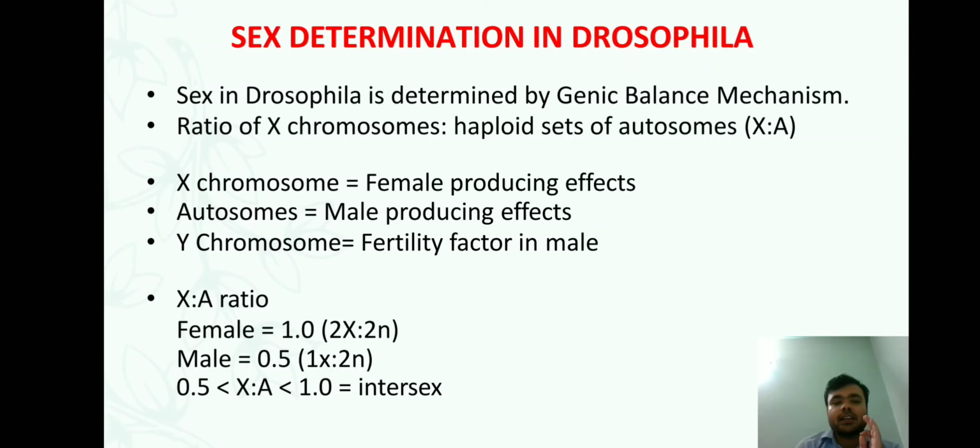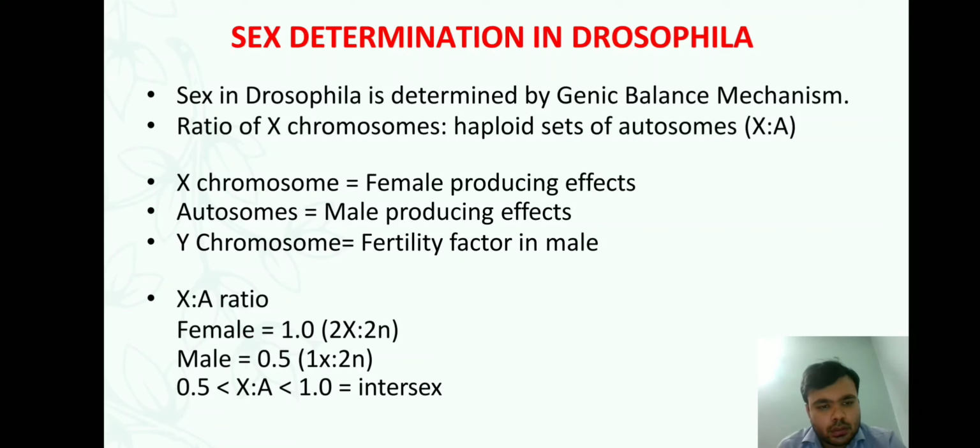So if I say that the Drosophila is X naught, it means it does not have the Y chromosome. I will cover this in a later slide.